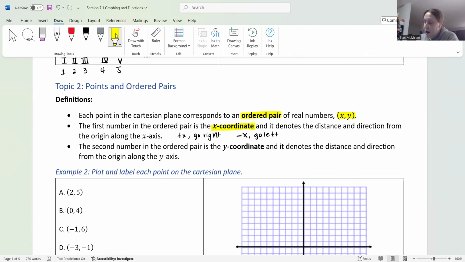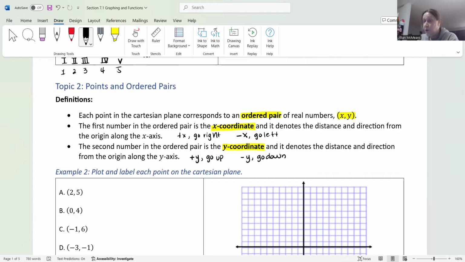Okay? Now, the second number in the ordered pair is called the y coordinate, and it denotes the distance and direction from the origin along the y-axis. So if we have a positive y, we go up. If we have a negative y, we go down. So if y was -8, we would go down 8. If y was +14, we would go up 14. But here's the deal.